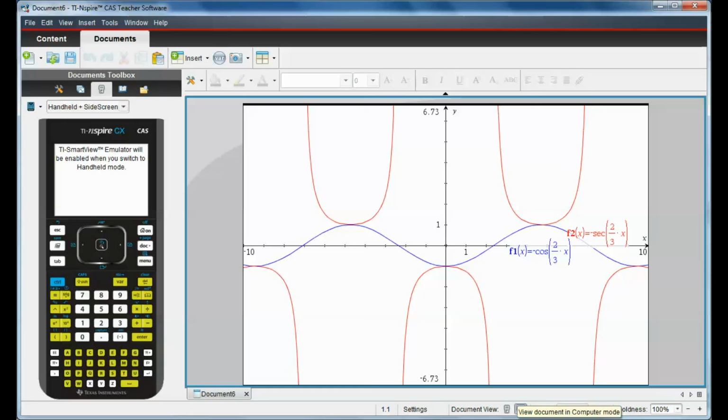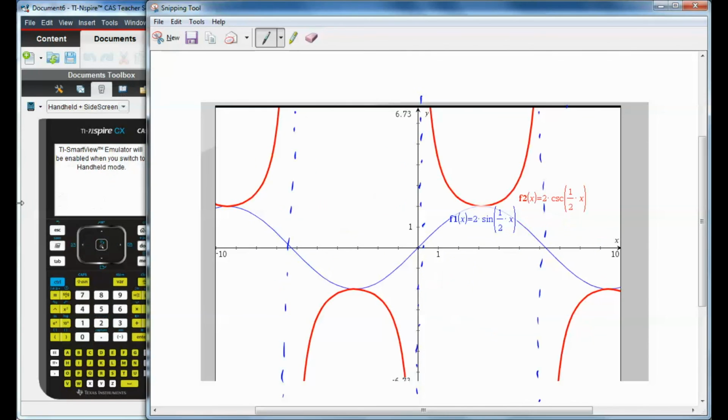So the blue curve here is y equals negative cosine 2/3 x. Notice it does start at a low point. And then you see the red graph here, that's negative secant 2/3 x.